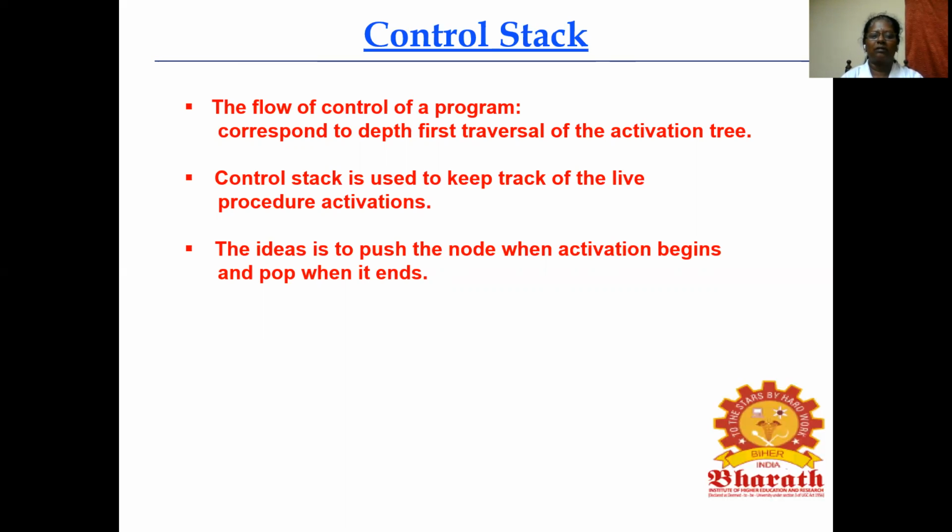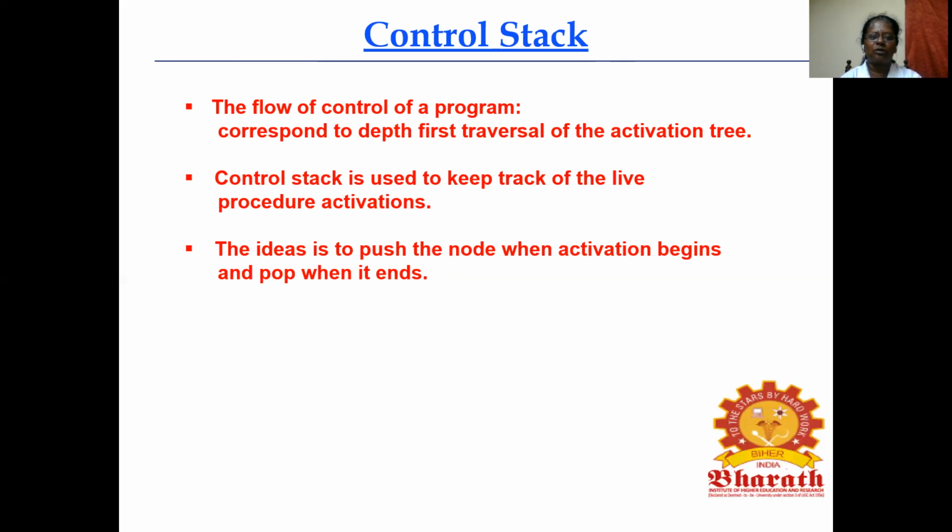So the idea is for the control stack to push the node when activation begins. Push means it enters the node. Then activation starts, and then pop when it ends. So when the activation ends, it will be popped, it will come out of the activation.